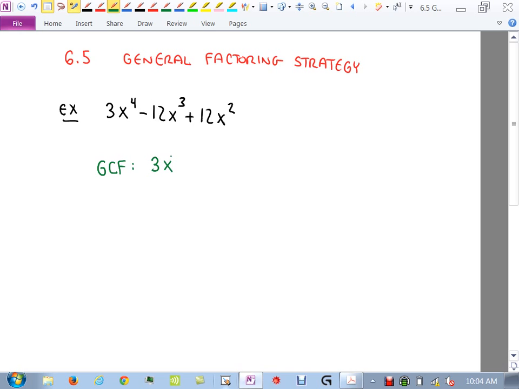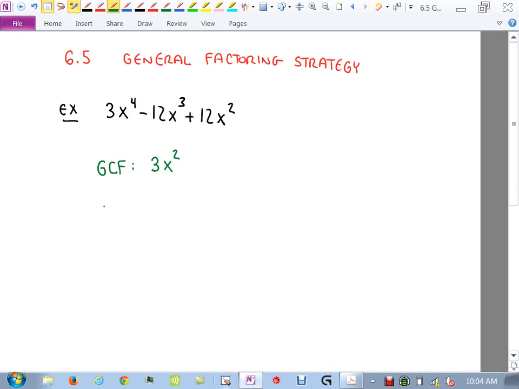I have x to the 2nd power. Remember how we did the x's? You looked at them and you, whatever they all had in common. So x squared. Anything else? Should I make it a negative 3? No, because that first term right there is positive. If it had been negative 3, then yes, I would have thought about pulling a negative 3 out. But I'll just leave it.